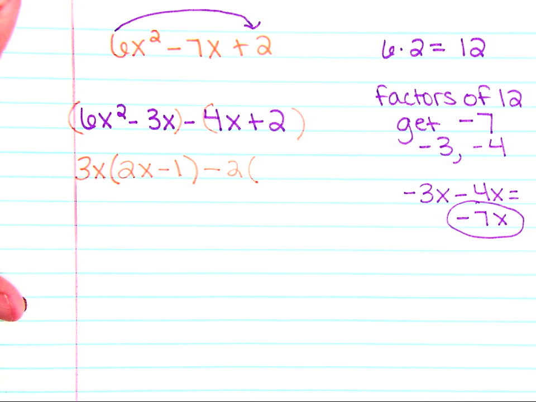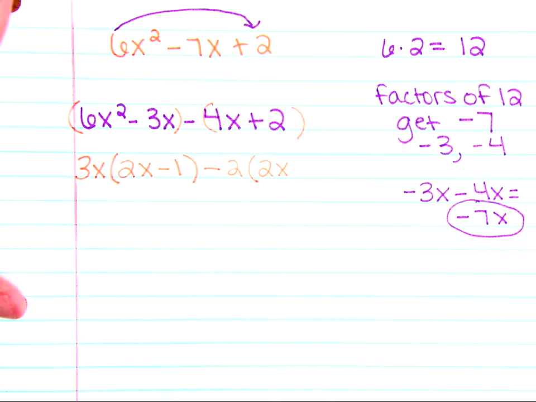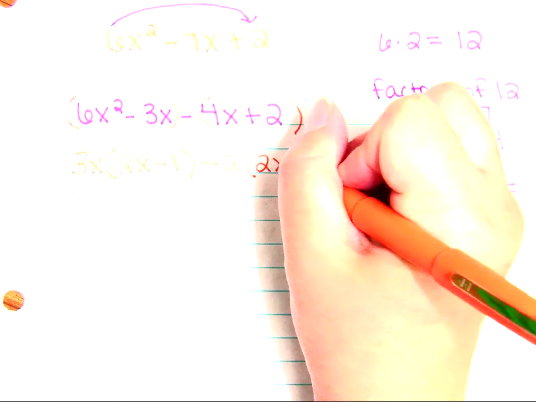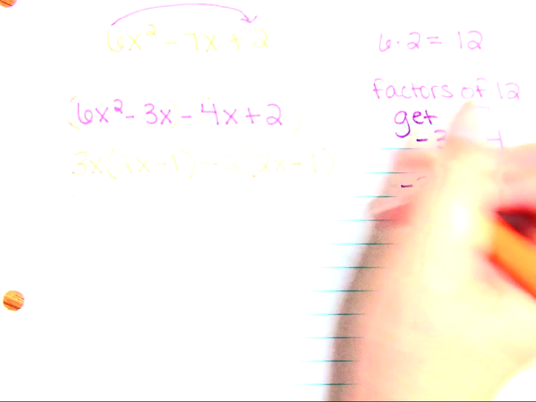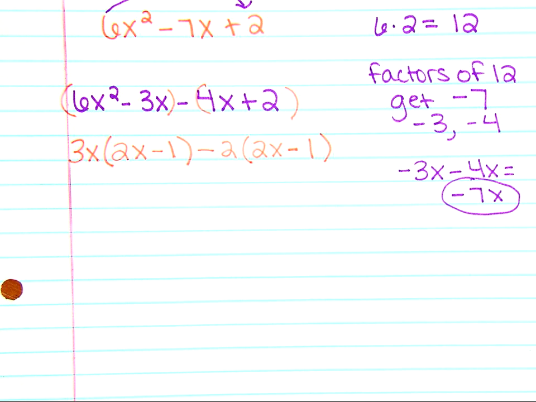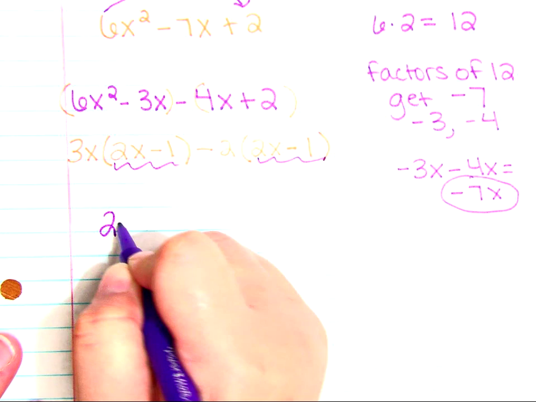Then left over I have a 2x, and here's where you have to be careful. Because that is a subtraction sign right there, I also need a subtraction sign inside my parentheses in order to get back to that. So now I just pick out one factor because that's what they have in common, 2x minus 1.